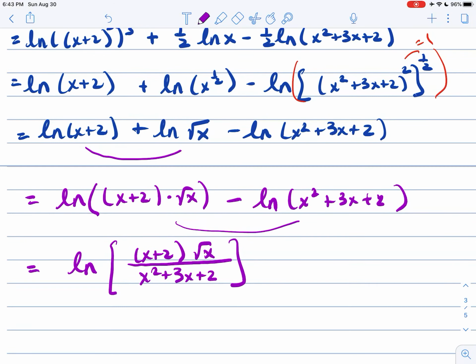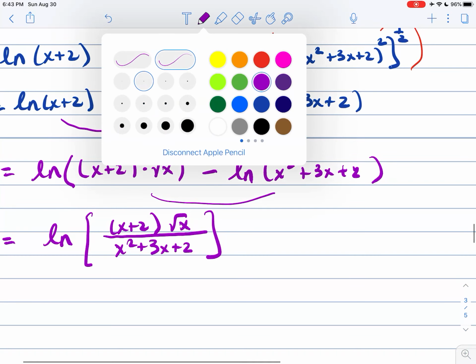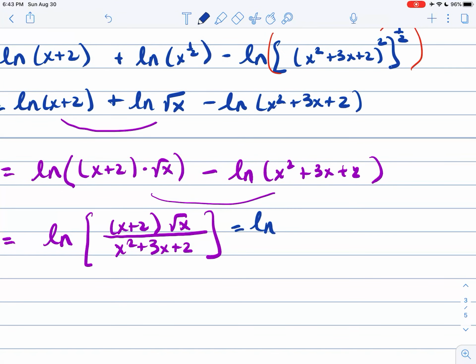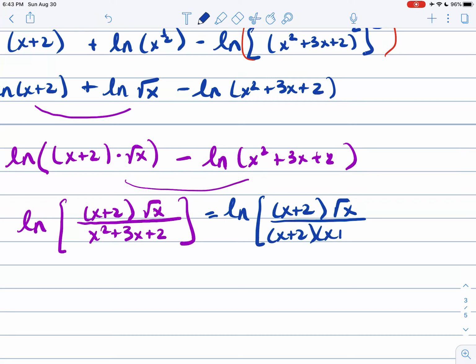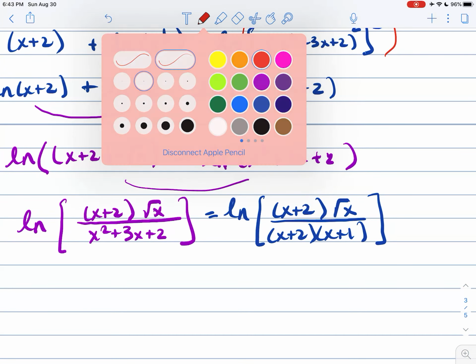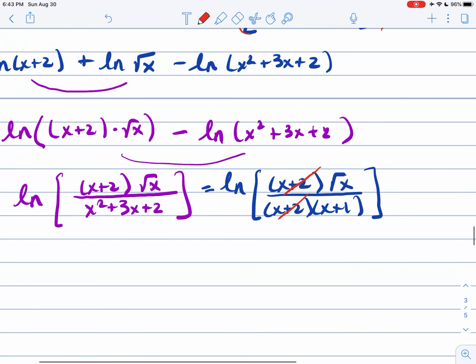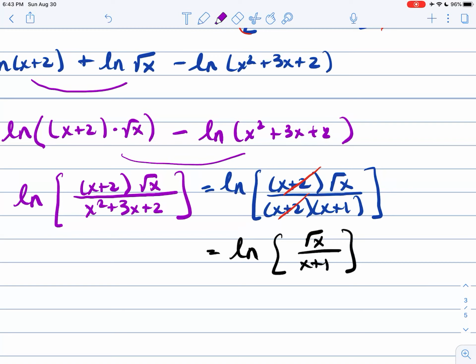And it looks like x squared plus 3x plus 2 can be factored. And so I can simplify as much as I can. So if I have x plus 2 times the square root of x over x plus 2 times x plus 1, I know that I can cancel my x plus 2, and I end up finally with ln of the square root of x over x plus 1.